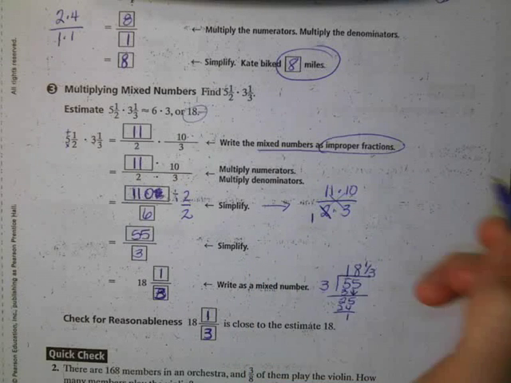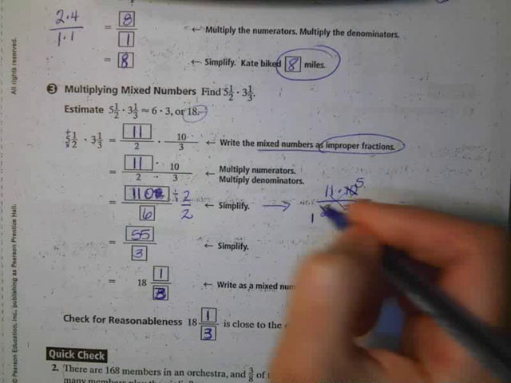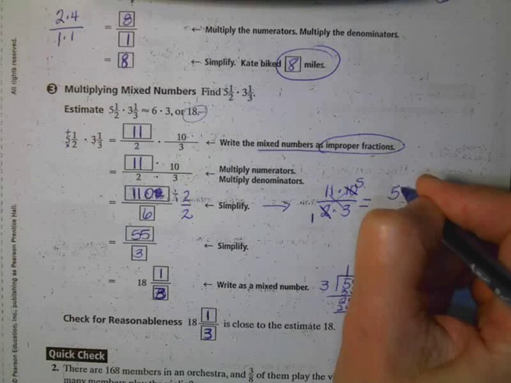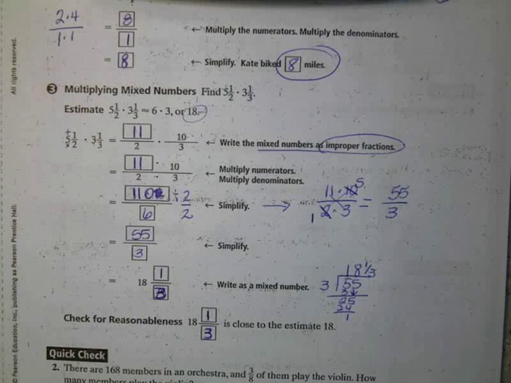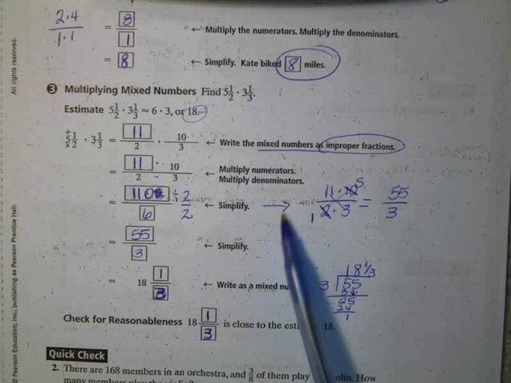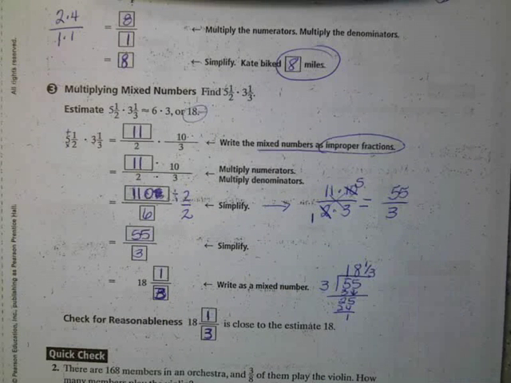So 2 divided by 2, I'm going to mark out the 2. 2 divided by 2 is 1. 10 divided by 2 is 5. What happens here is I immediately get the 55 over 3 that I have here. So again, it's just kind of, when do you want to do it? I recommend that you do that as much as you can, because it's going to keep your numbers smaller and easier to work with.